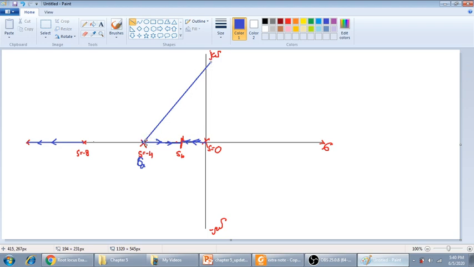This is 60 degree, so theta 1 equals 60 degree. But the next is 180 degree.